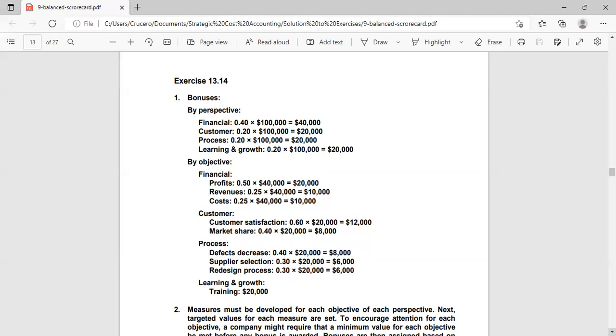Customer with customer satisfaction. So by objective, then customer satisfaction, market share. Okay. So with process, okay.